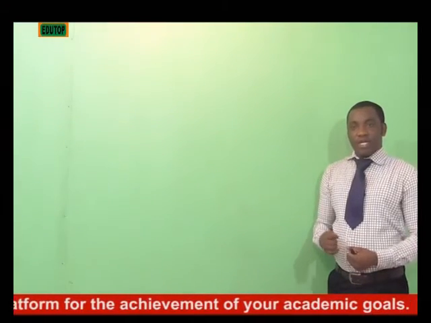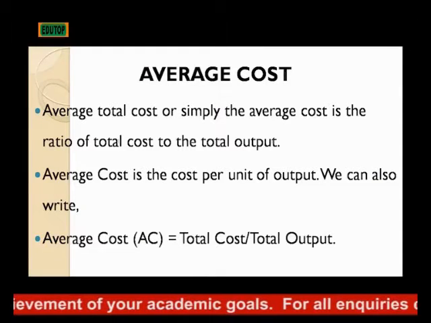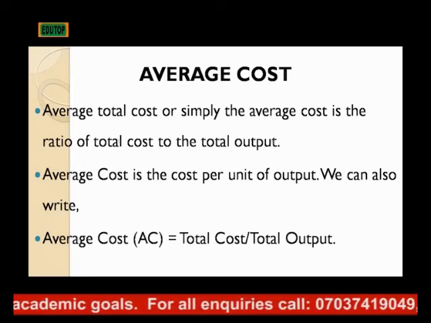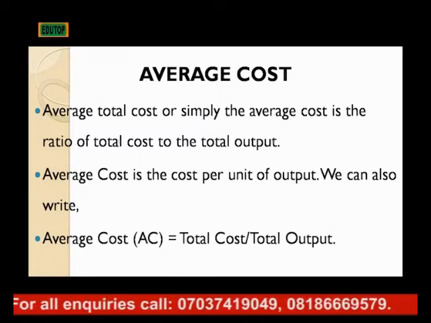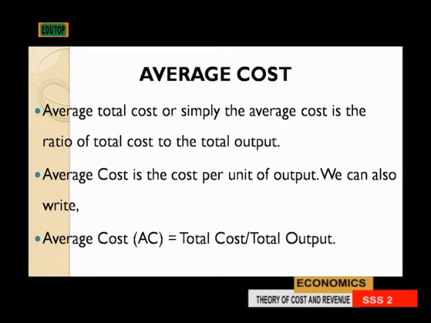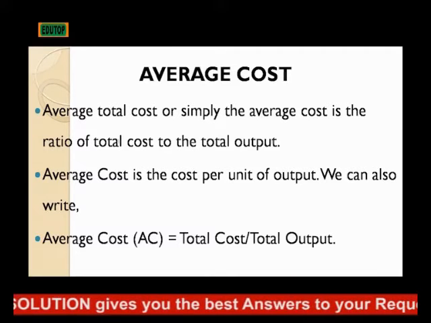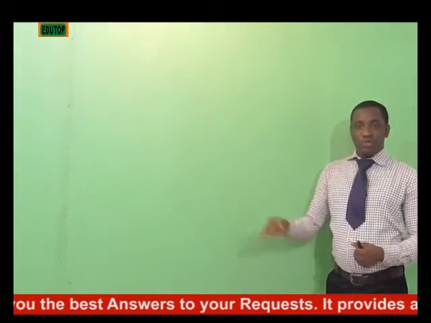The other category of cost is what we refer to as average cost. Average cost simply refers to the ratio of the total cost to the total output. The average cost is the cost per unit of output. That is, after the production, we have certain outputs that we produce.